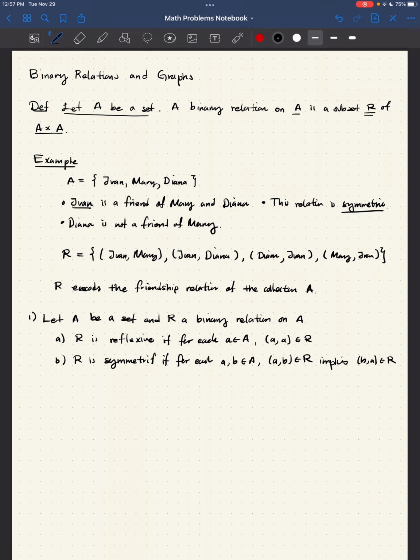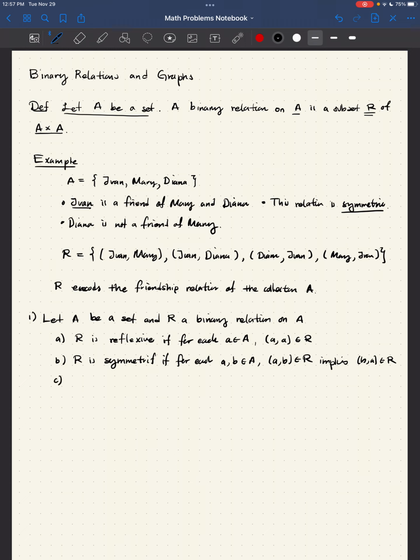If you say that a is a friend to b, then b is a friend to a. Unluckily, the love relation is not exactly symmetric, right? You may find situations where a person loves another one, but that other one doesn't love the original person.